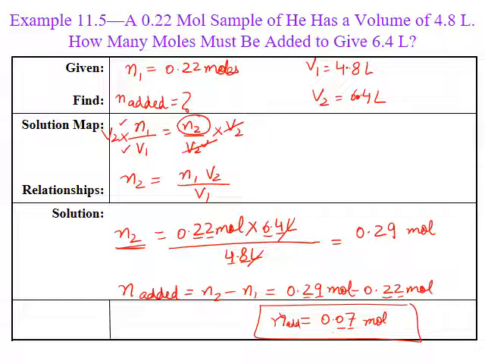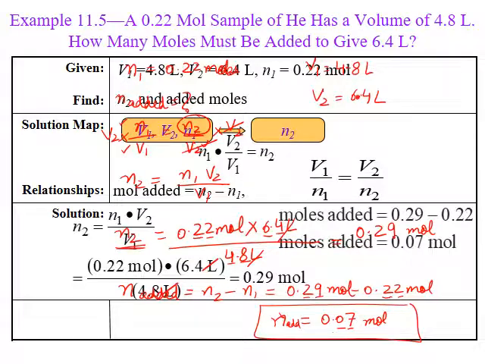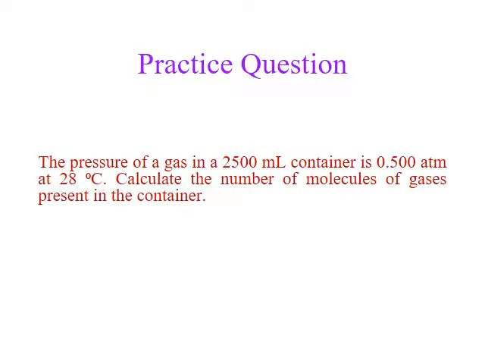Okay. All right. Let's move on to the next type of question you can expect, which is this. The pressure of a gas in a 2500 mL container is this much at 28 degrees Celsius. Calculate the number of molecules of the gas present in the container.